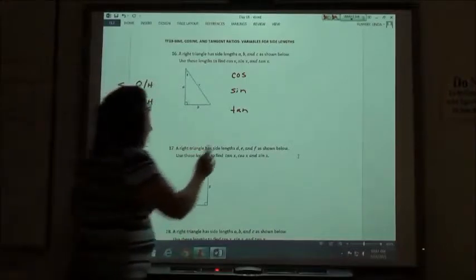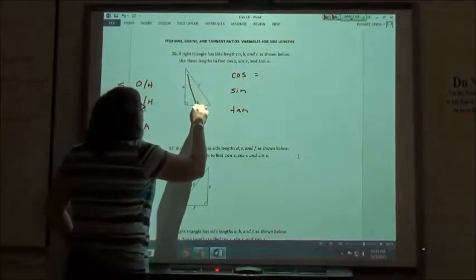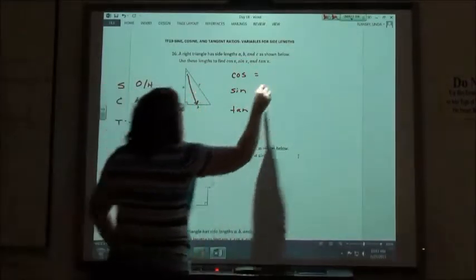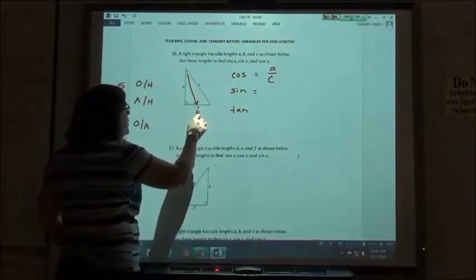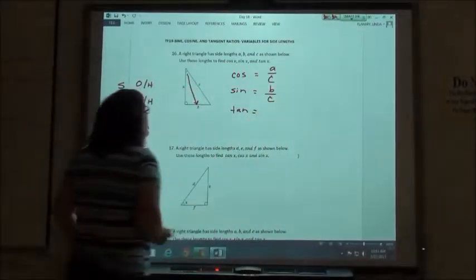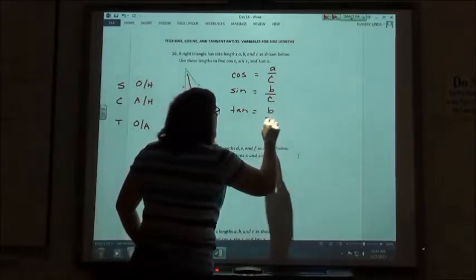So my cosine of angle X, here's angle X, so this would be my opposite, so my adjacent would be A over C. My sine is the opposite over the hypotenuse, so B over C, and then my tangent, opposite over adjacent, so B over A.